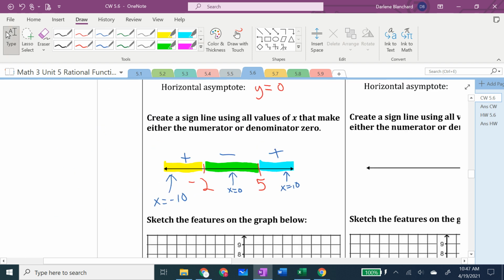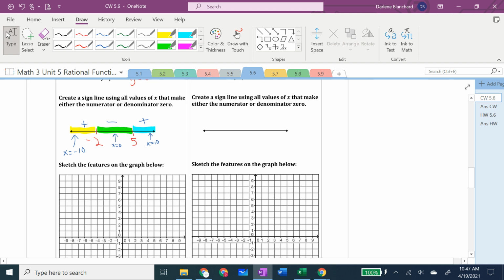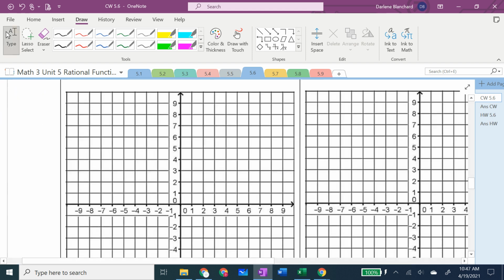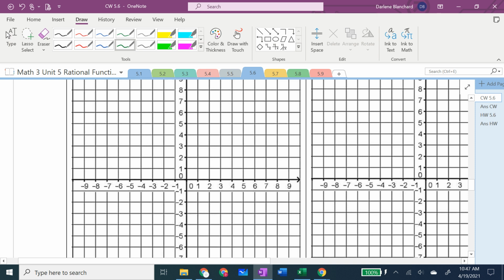Now, when I go to graph the function, I'm going to first put in my asymptotes. I have vertical asymptotes of 5 and negative 2. My horizontal asymptote is 0.